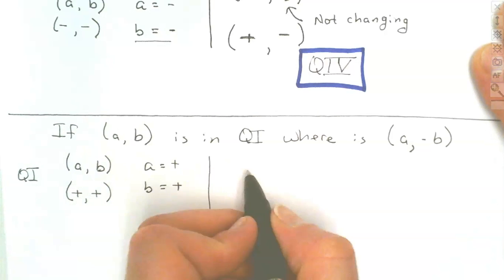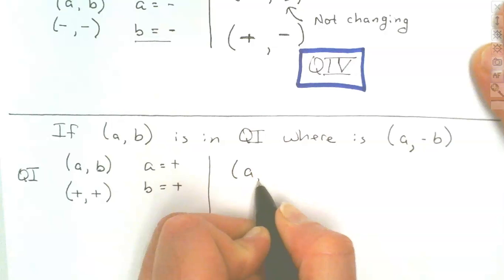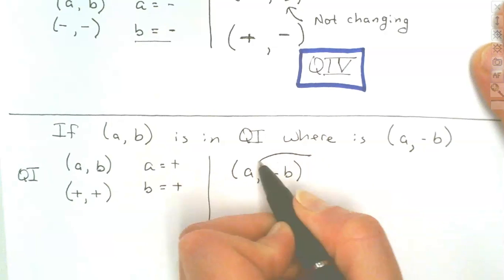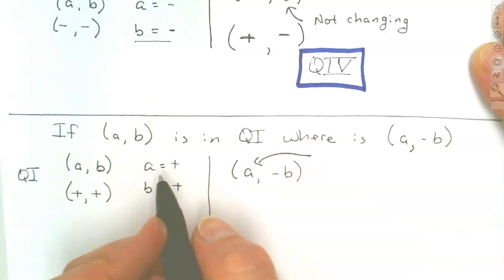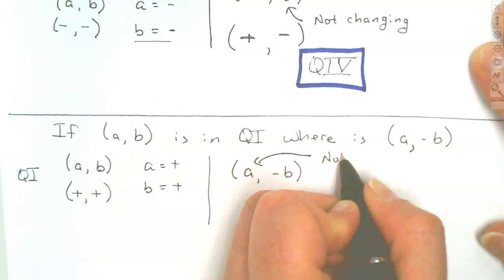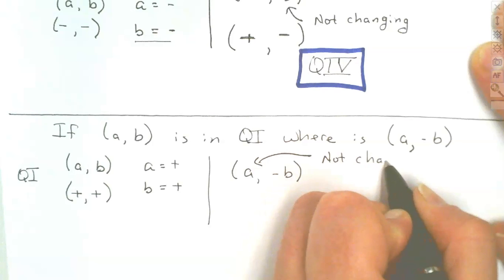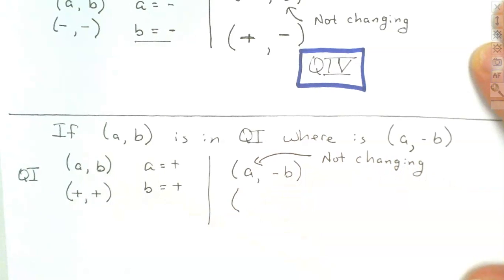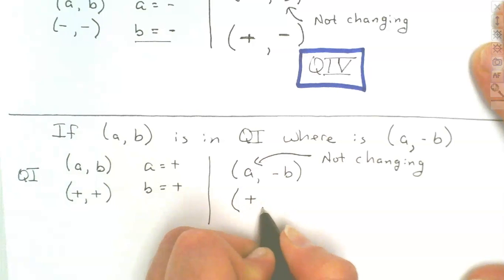Now what we want is A, negative B. So that A is going to stay the same. It's not changing. So A stays positive.